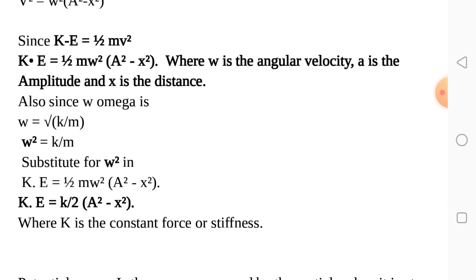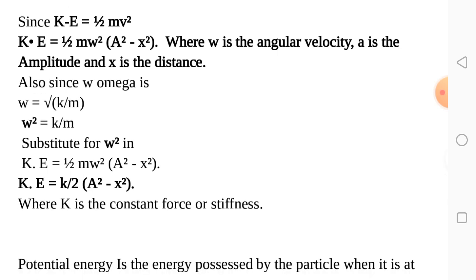When we substitute omega squared into the kinetic energy equation, KE = 1/2 m omega squared (a squared minus x squared), we have KE = k/2 (a squared minus x squared). So in any form, if you are given k, our stiffness, then you can calculate our kinetic energy.